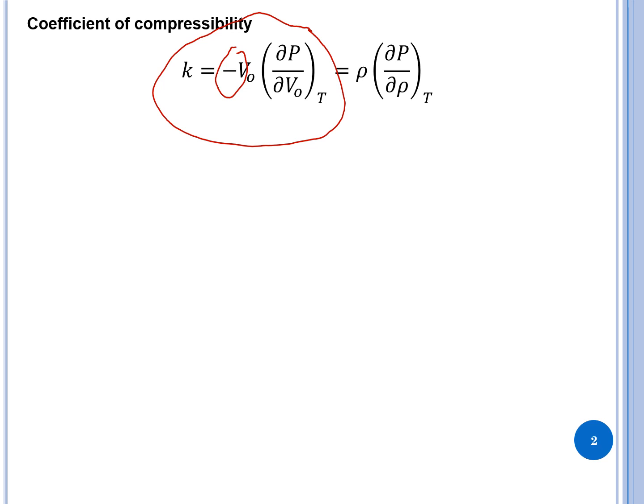Why? Because you know pressure and volume are inversely proportional to each other. You increase pressure, the volume is going to decrease. You decrease pressure, volume is going to increase. Now this pressure, you know, is force per unit area, and force is a vector quantity.